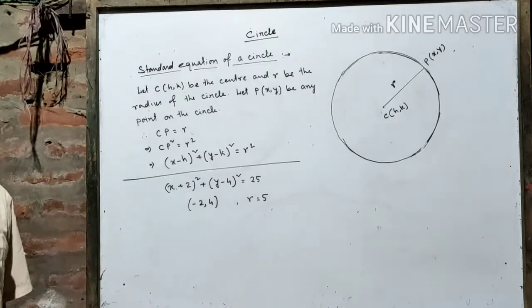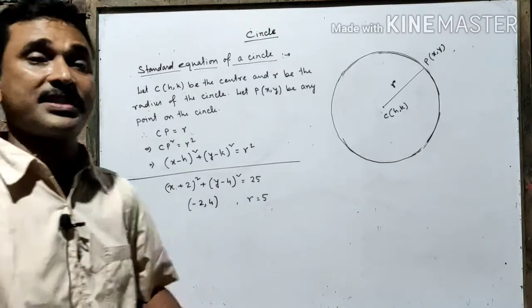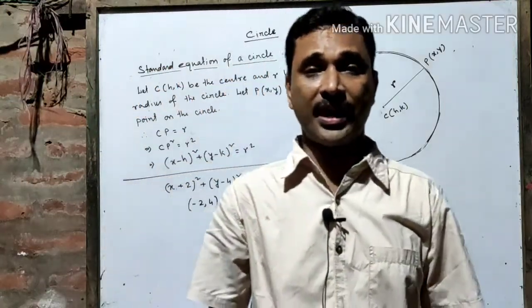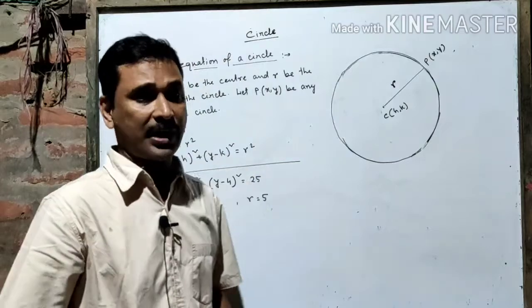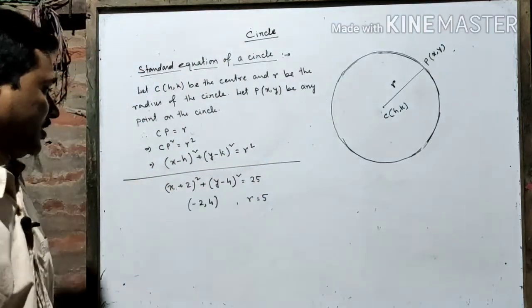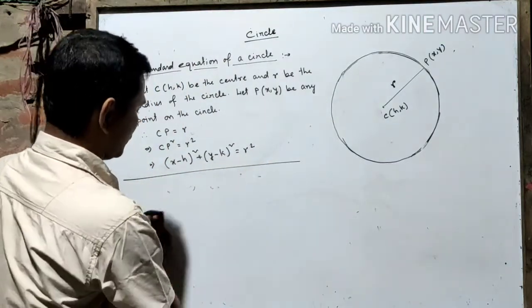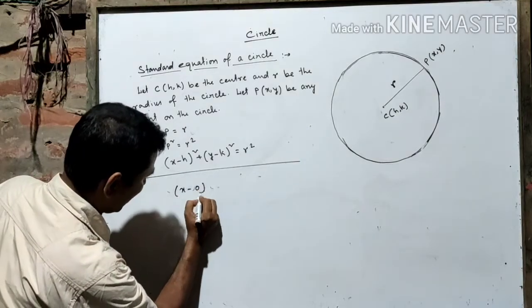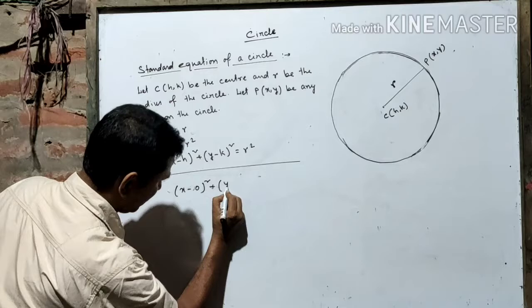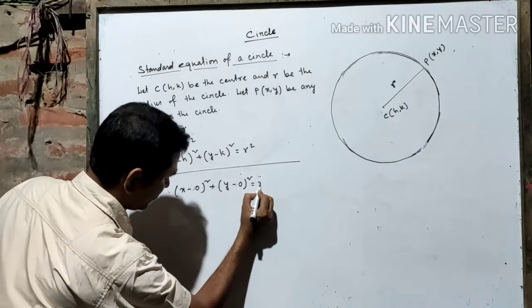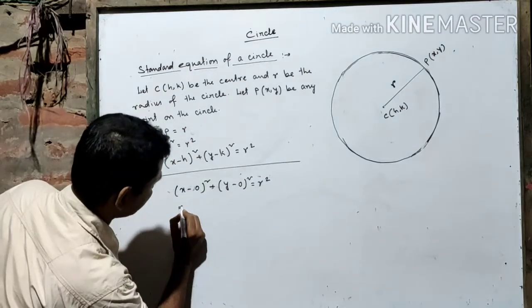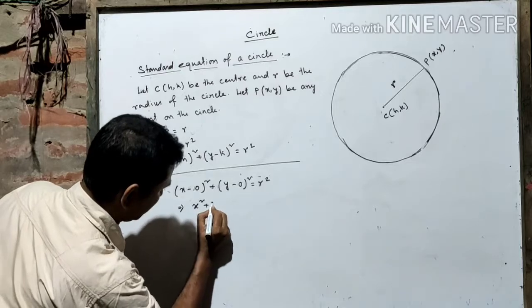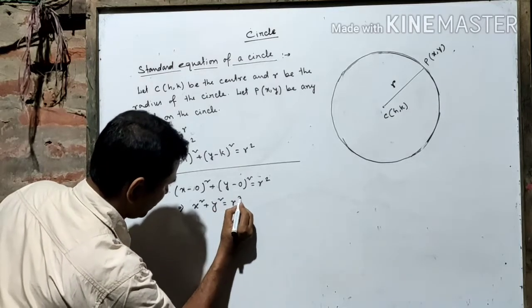So this is the standard equation of a circle. By comparing with this, we can say what the center and the radius of the circle are. Now let's see what happens if the center is the origin. If the center is the origin, then the equation of the circle will be (x - 0) whole square plus (y - 0) whole square is equal to r square. This implies x square plus y square is equal to r square.